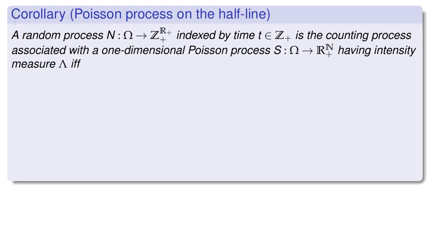So by definition, N is a Poisson process with intensity measure lambda. This completes the cycle.